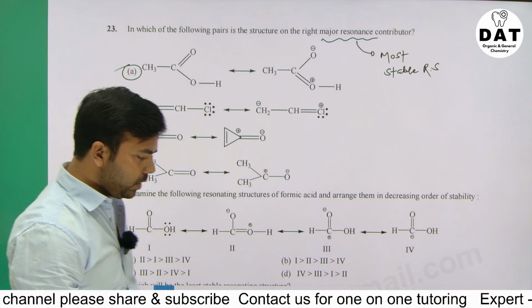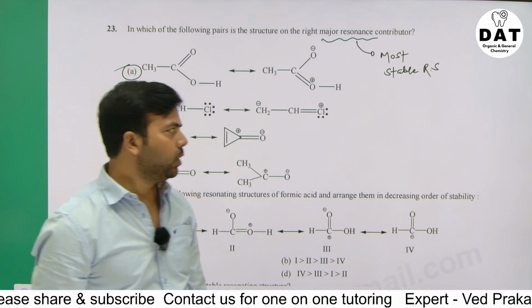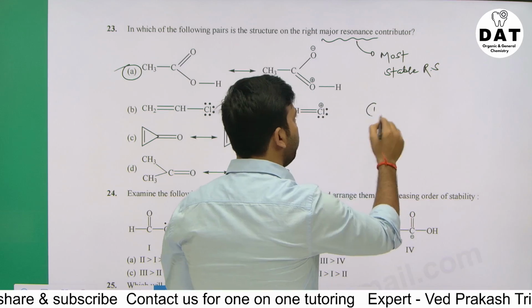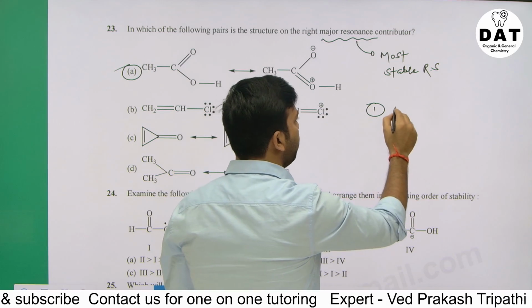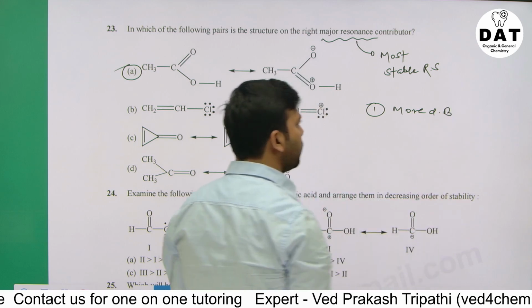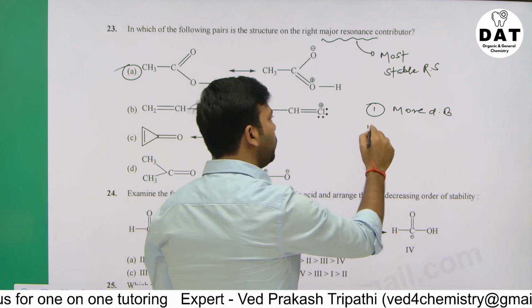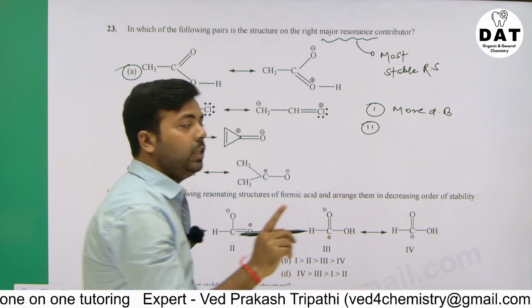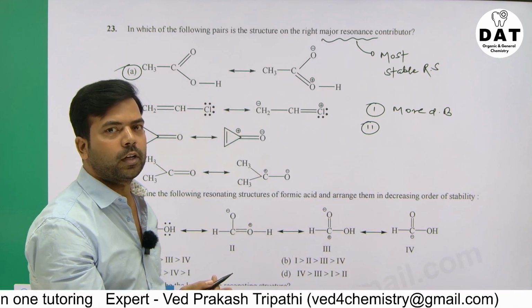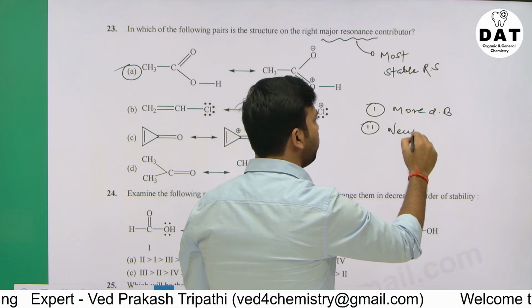In the resonance structures stability, I discussed this topic in my video. Let me explain this to you. The very first rule I told you: more the double bond, more will be stability. And after that, rule 2. You have to apply each rule one by one. If rule 1 is not working, then rule 2. Rule 2 is saying neutral compound is more stable than charge.